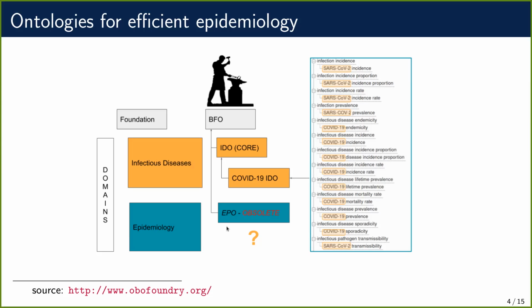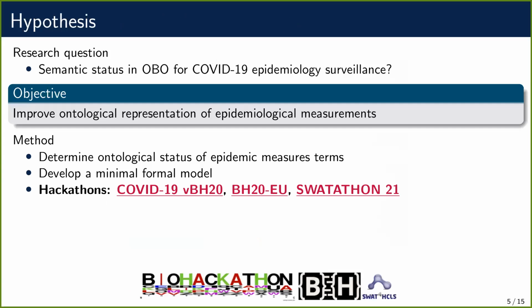So the hypothesis was that what is blocking this efficient epidemiology is maybe the lack of structured measurement terms for COVID-19 epidemiology surveillance to monitor the dynamics of the disease in populations.